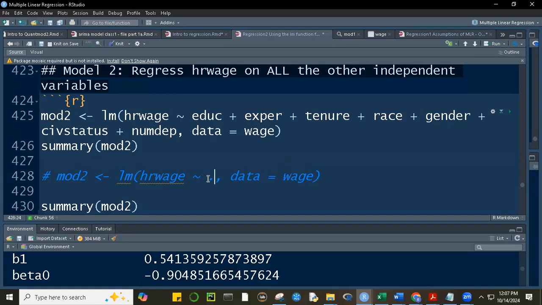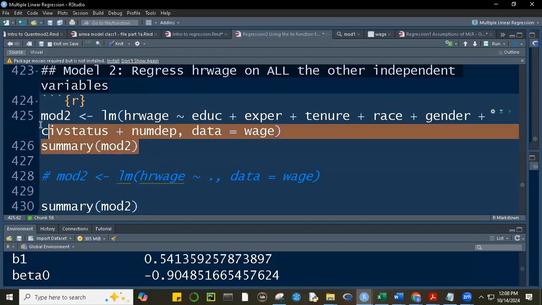You can just write that, which means all your predictors. Just so you know, kasi baka may makita kayong ganyan na nagre-regress, that means all the predictors there. Of course, except hourly wage. Kasi ito naman, dinidefine natin si hourly wage as our dependent variable.